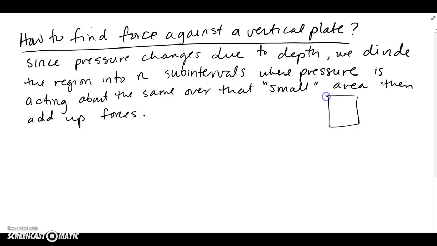You'll have a vertical plate submerged in water, and you focus on one piece of it and think of it as maybe a flat little plate where you have the pressure acting about the same in that region, because remember, pressure here will be less than pressure here, and we know that force is basically just pressure times the area of that thing.